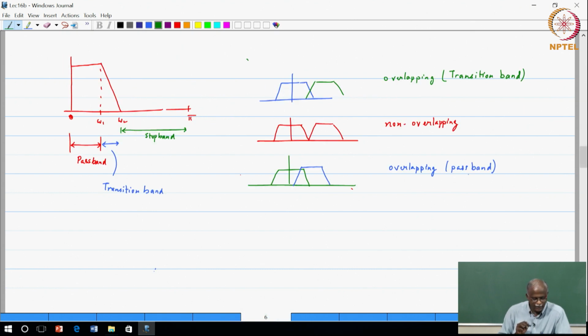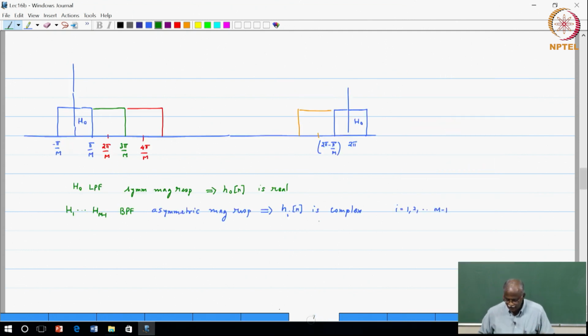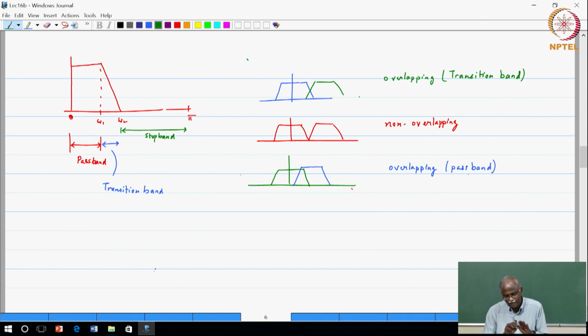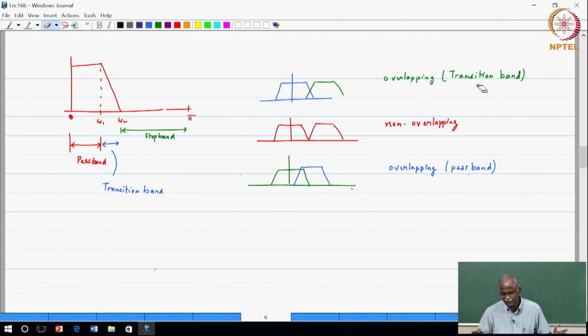In the last lecture, we introduced the notion of filter banks, and we said that we would like to get several filters which span the range from 0 to 2 pi, and in that context we showed that there are types of filter banks. If the adjacent filters have some overlap, that is the most traditional or most commonly encountered.